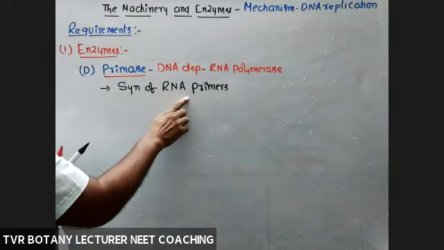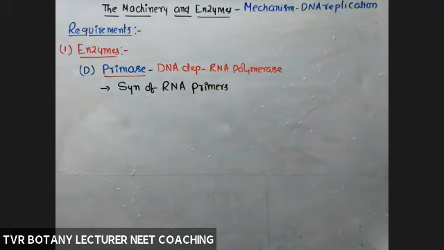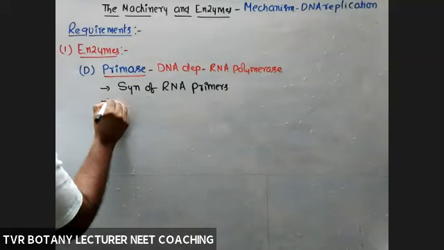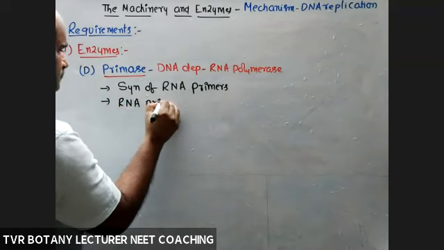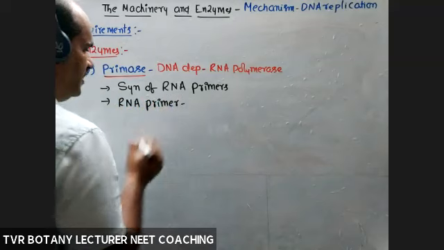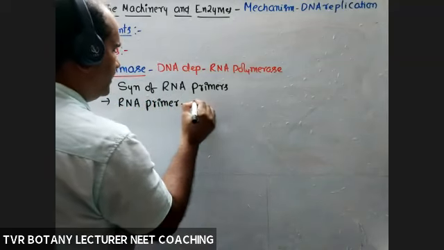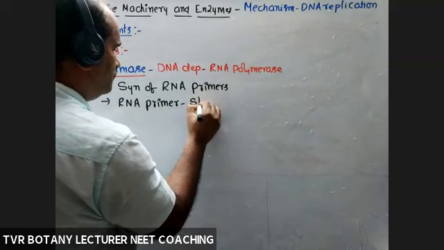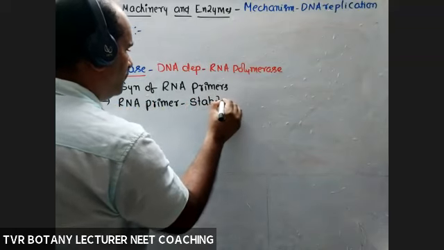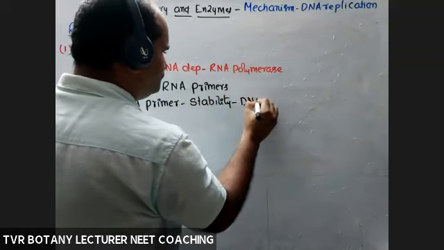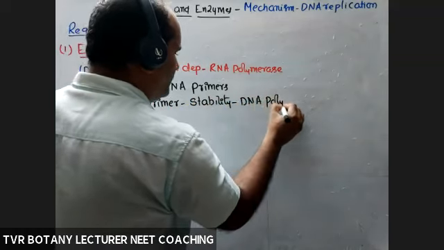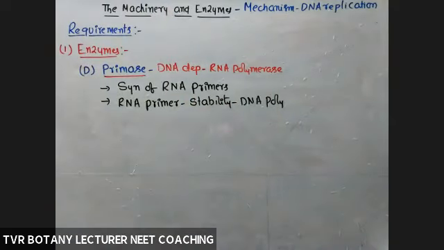This primer is very essential for DNA replication, as it is able to provide stability for polymerization. So, the RNA primer is required for providing support and stability for DNA polymerization.